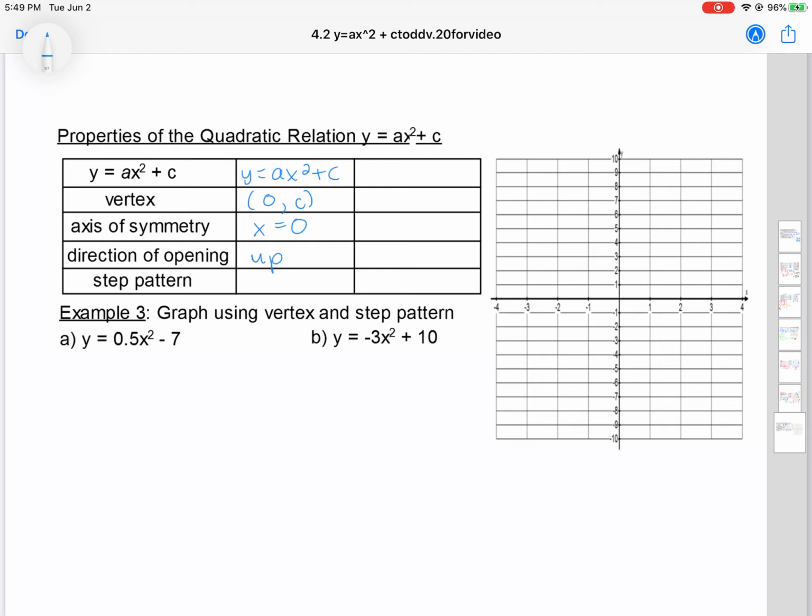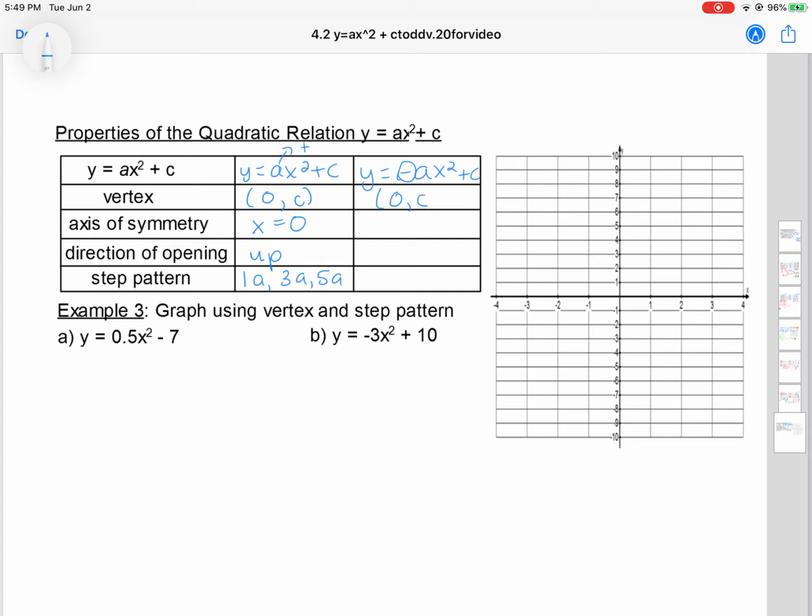If the A value is positive, it opens up. And the step pattern can be changed if there's an A value. Then if you have a negative, then the parabola opens down, and the step pattern is now moving down instead of up.